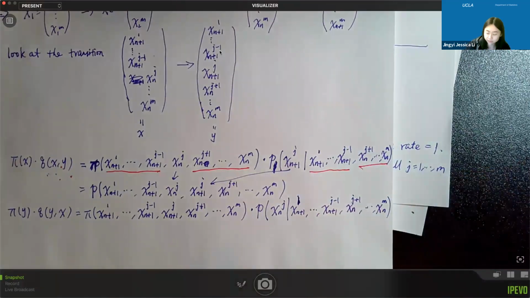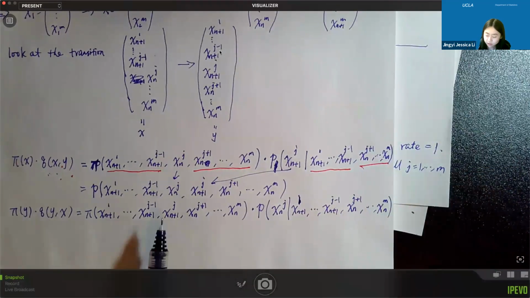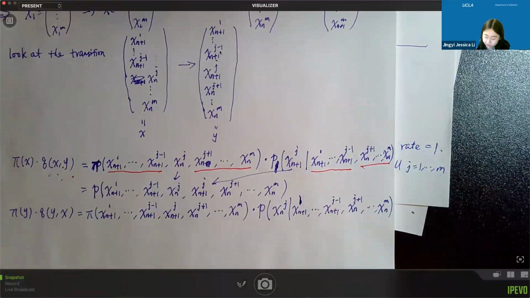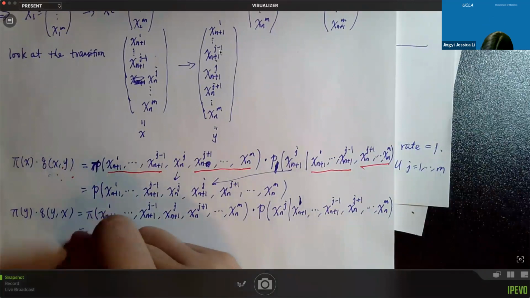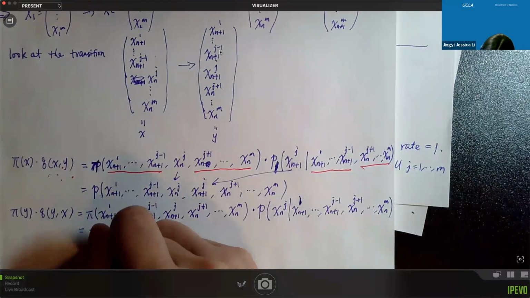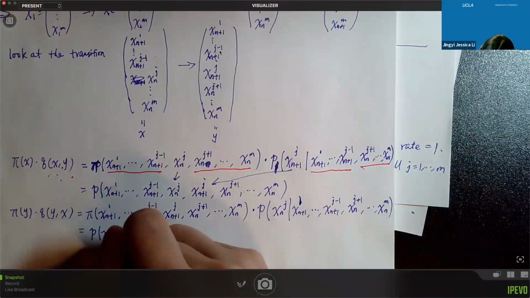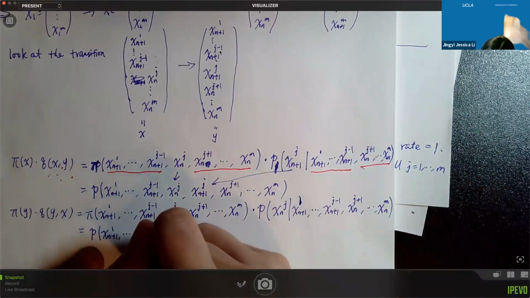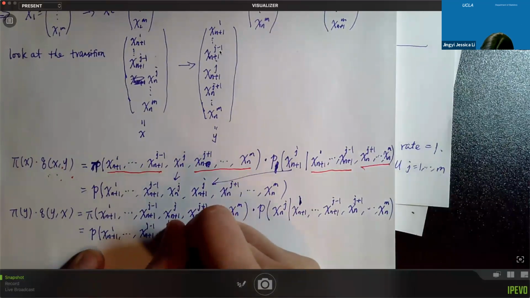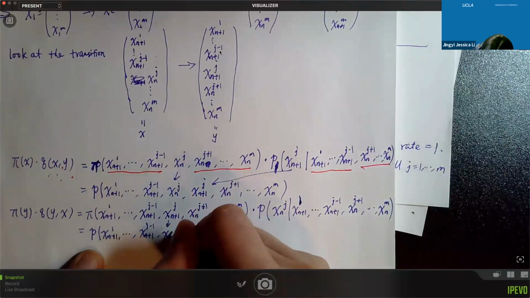Okay, so the same argument carries. I'm going to combine this term with this term to get a big joint density. If I do the combination, these things will go down: x_{n+1,1} to x_{n+1,j-1}, and x_{n+1,j} will go down.